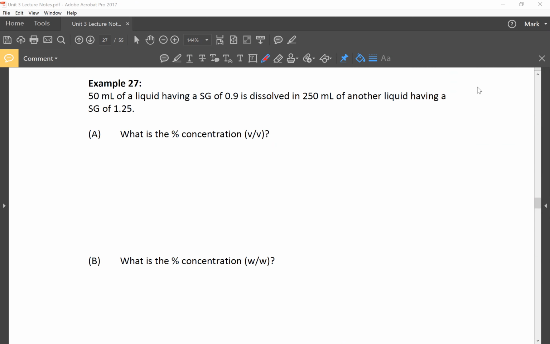Okay, so example number 27. 50 milliliters of a liquid, this is a terribly worded question, so 50 milliliters of a liquid with a specific gravity of 0.9 is dissolved in 240 milliliters of another liquid having a specific gravity of 1.25.